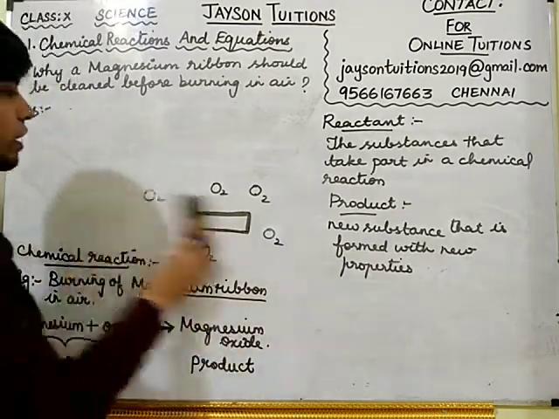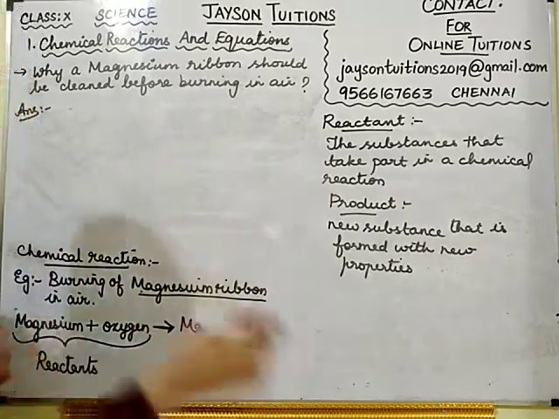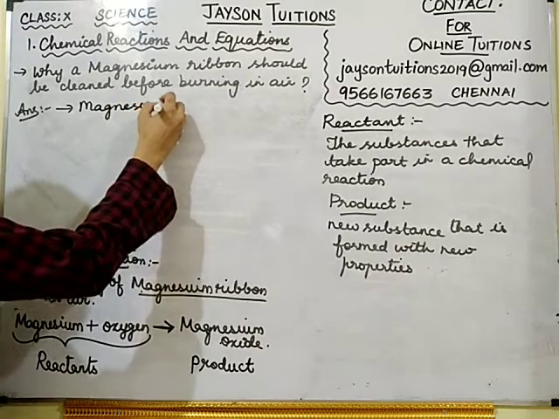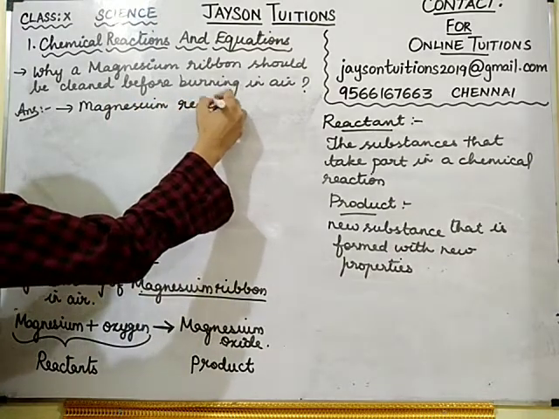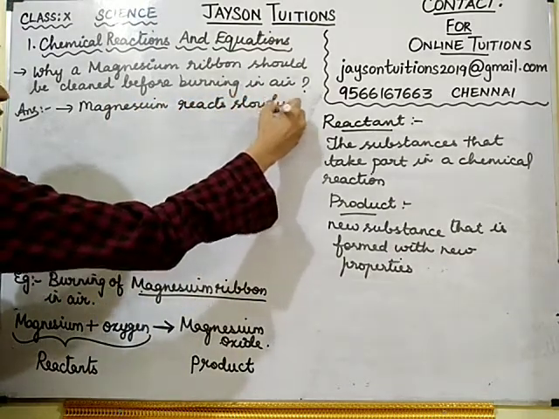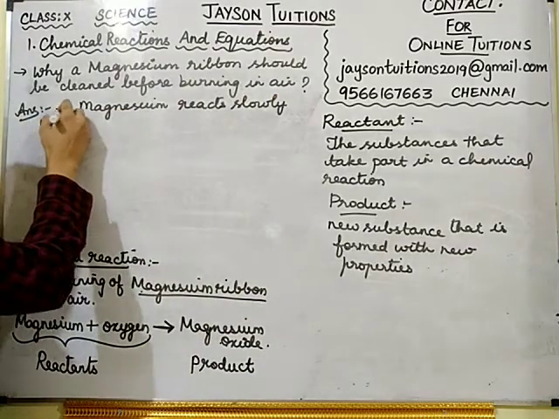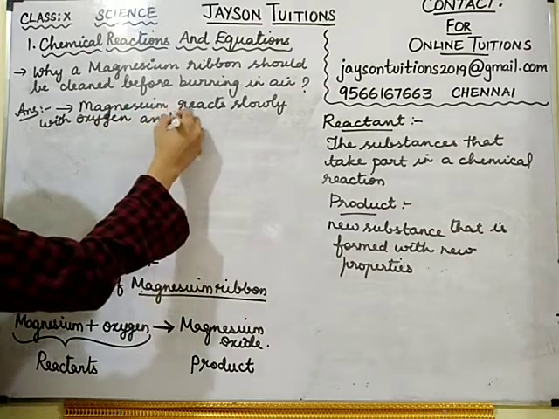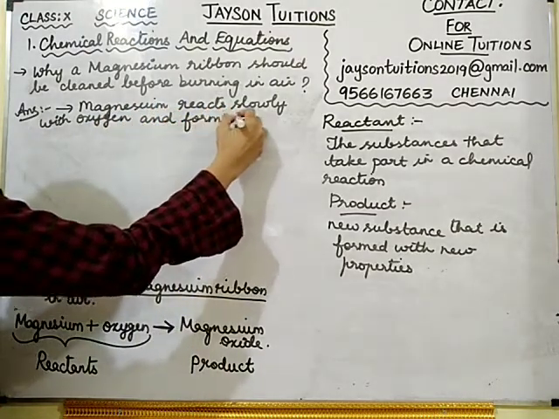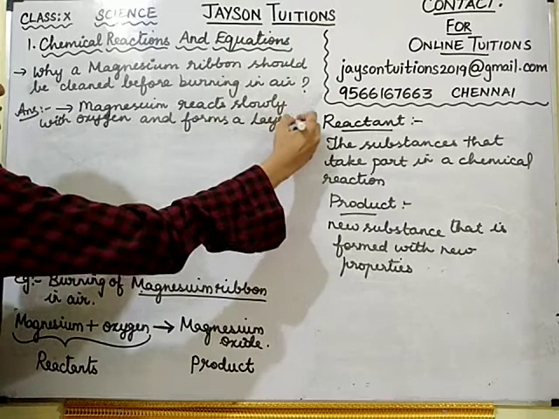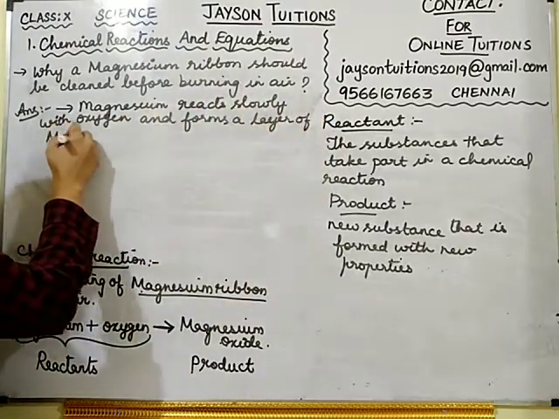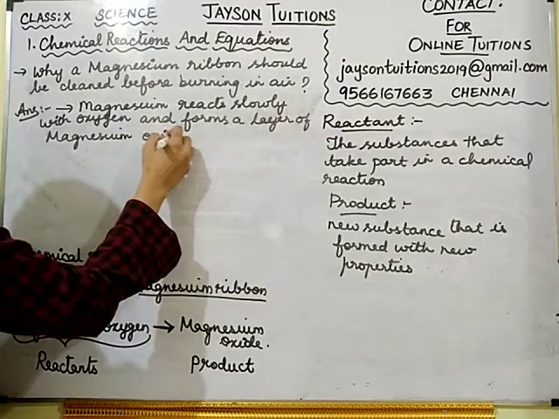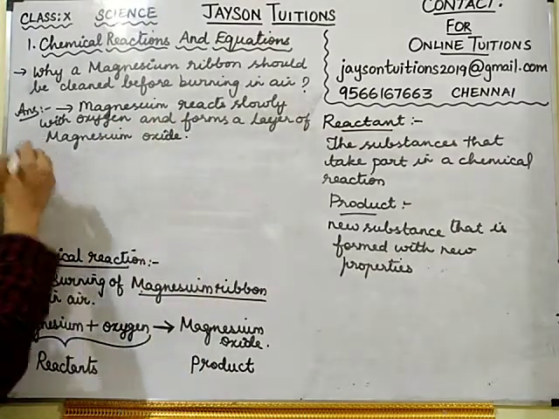So how will you write the notes for this? Magnesium reacts slowly with oxygen and forms a layer of magnesium oxide. So what you must do?